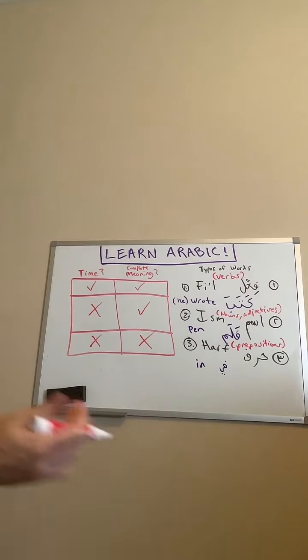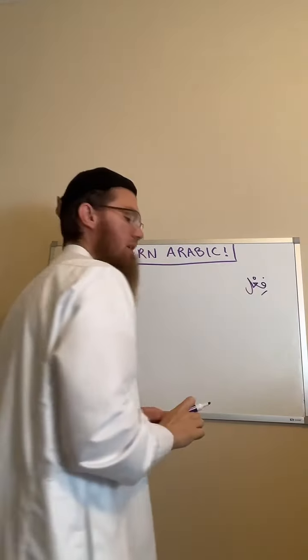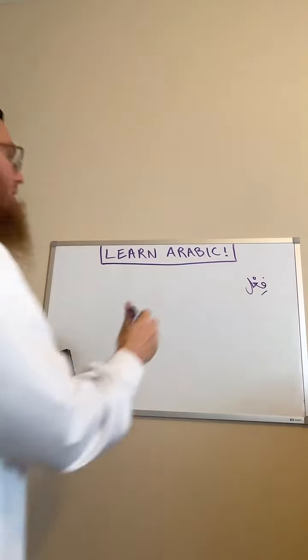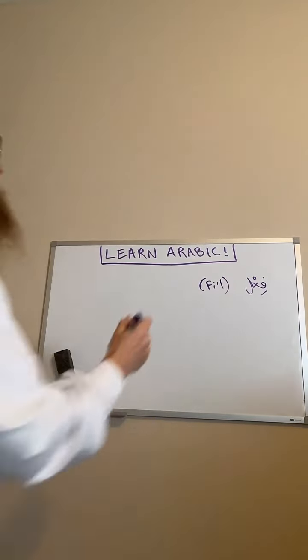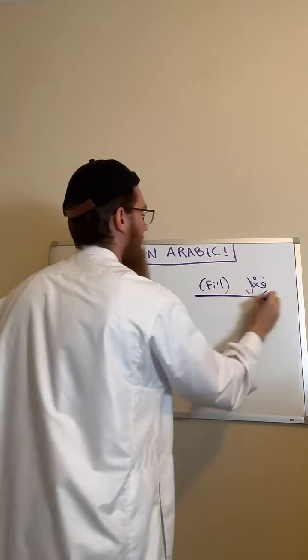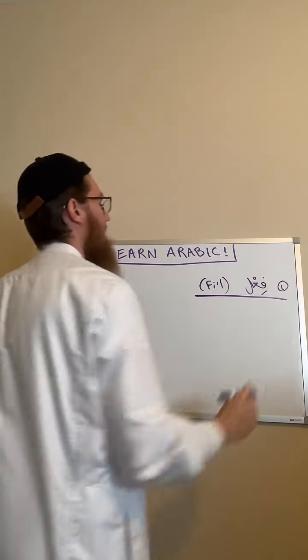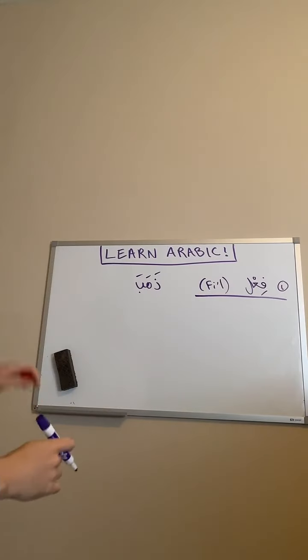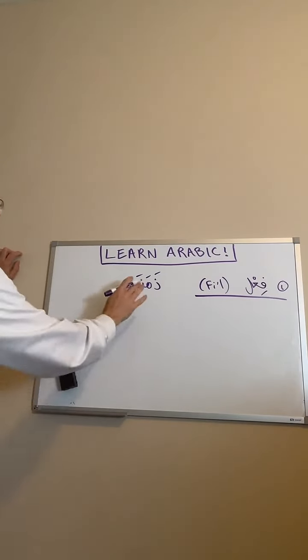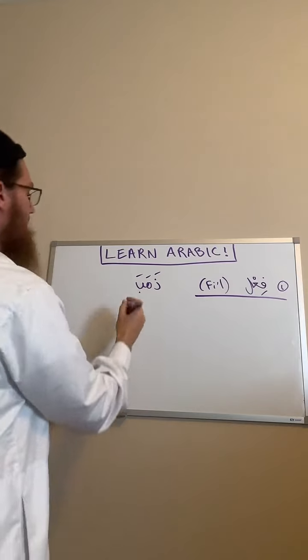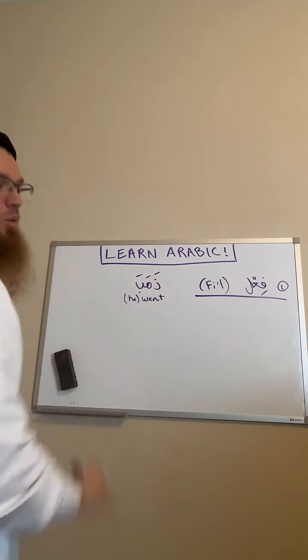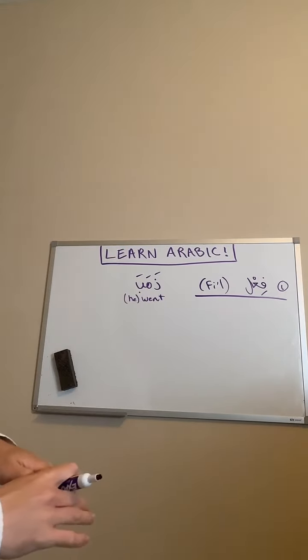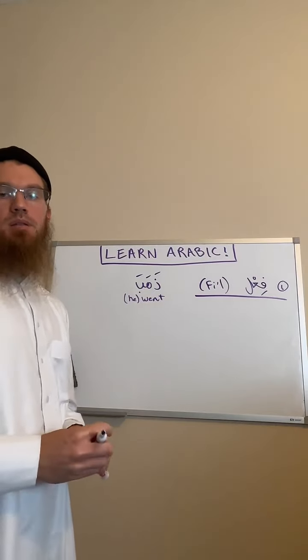Let's write some examples of the fi'l. It has both a complete meaning and a relation to time. This is the first category. So, for example, ذهب. This means he went.